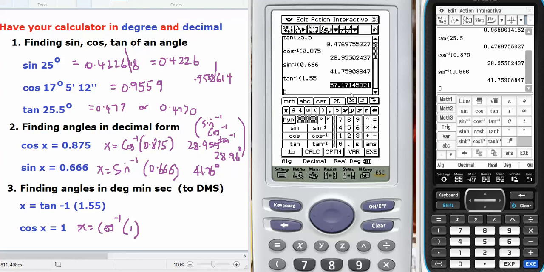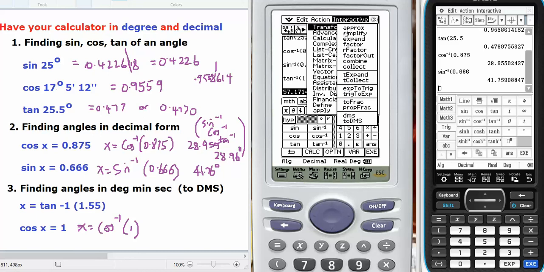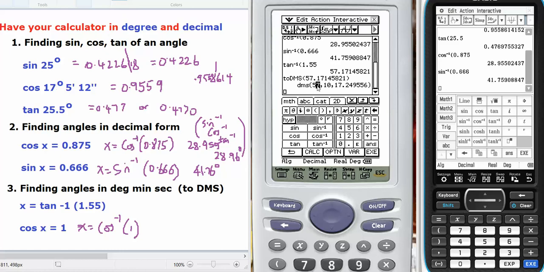And this answer as degrees, minutes, seconds, I take into a new line, I select it, interactive transform, and I wish to use degrees, minutes, seconds, and that tells me that x equals 57 degrees, 10 minutes, 17.2 seconds, and this is in a decimal, so 0.2 would be small, so 17 seconds is the answer.